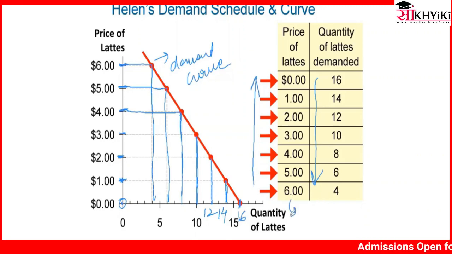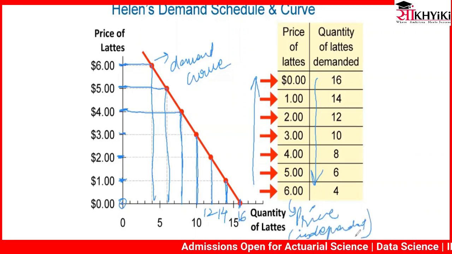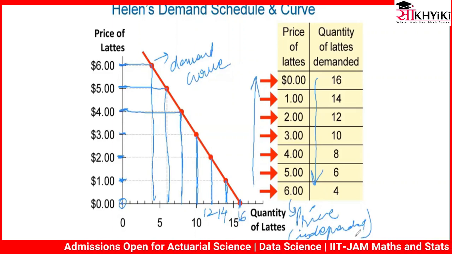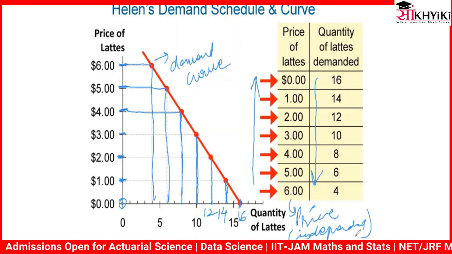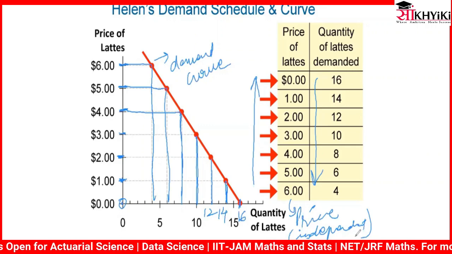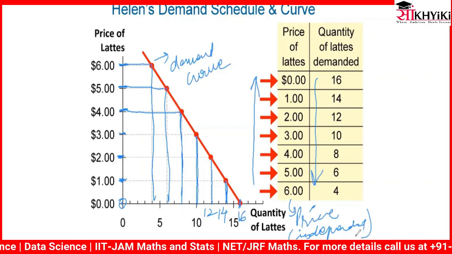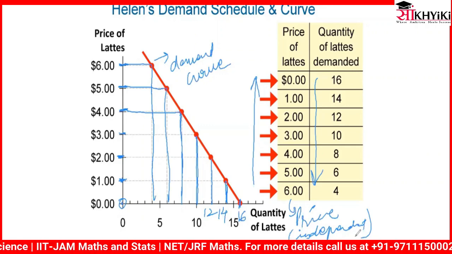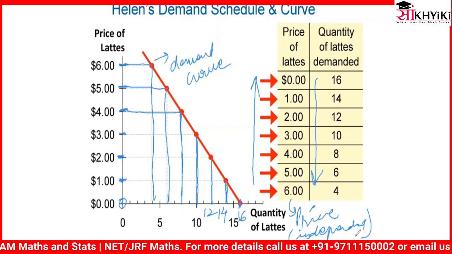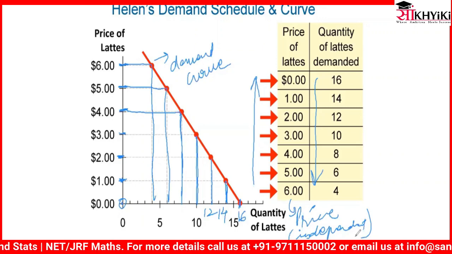Sorry, price is an independent variable which is determined in the market, and quantity demanded depends on the price that exists in the market. So if the price is 1, accordingly I determine my quantity to be 14. If the price is 2, accordingly I determine my quantity to be 12. So I calculate the amount that I'm going to consume depending on the price that exists in the market.